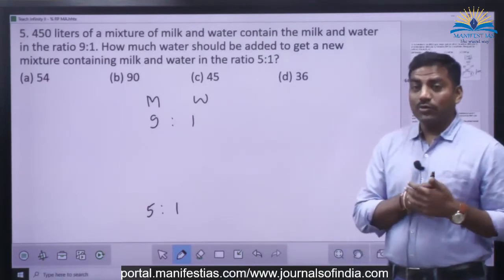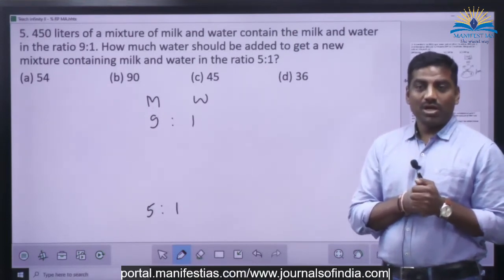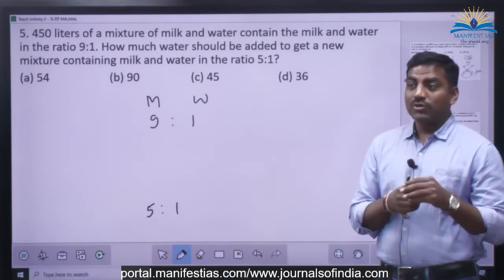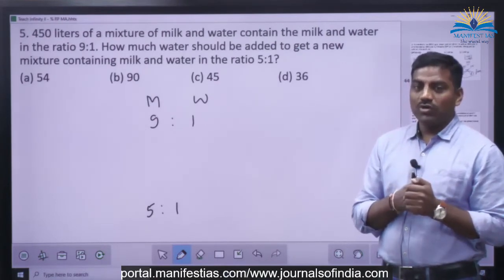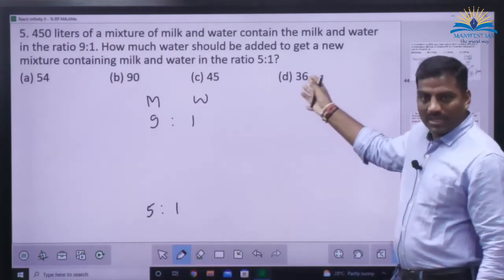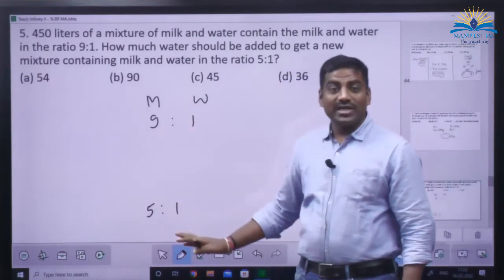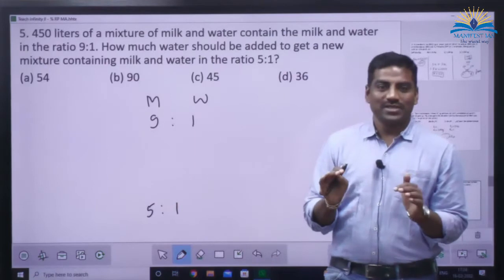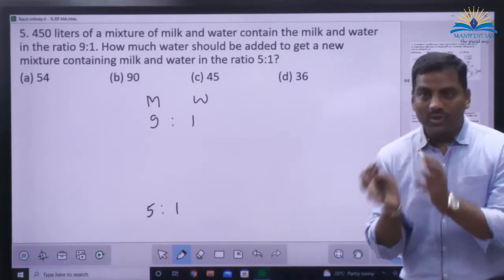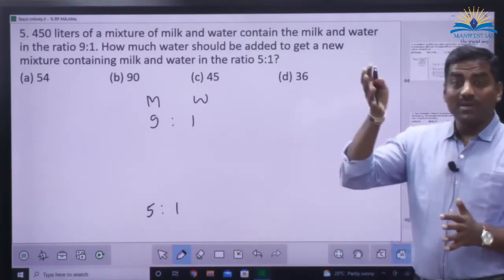What is the alternative to reduce the share of milk in the mixture? You cannot take out milk, so you will add more water. It is appearing as if its quantity is reducing. Its ratio is reducing, milk itself is not reducing. Because water is becoming more. Getting my point?